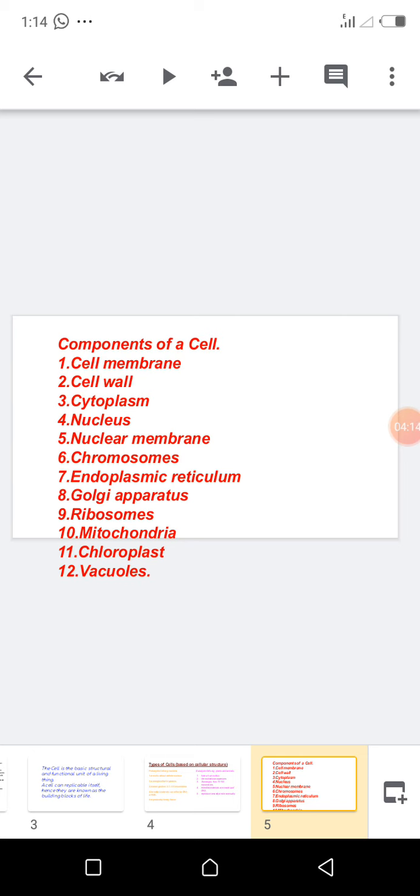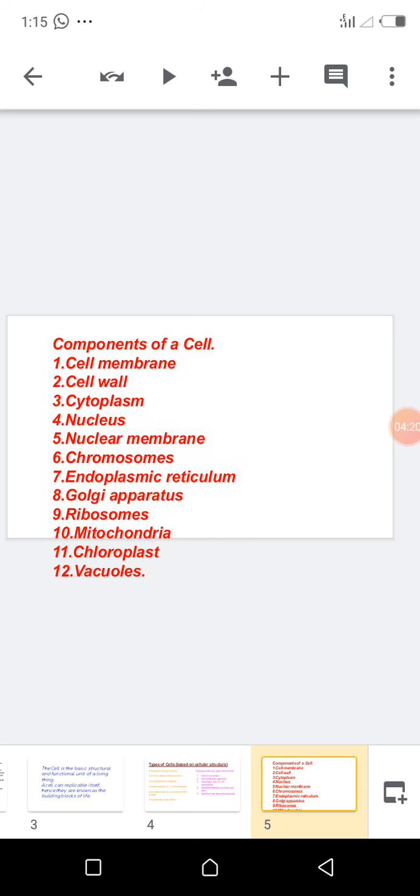So those are the basic parts all cells have. There you have all the components of the cell that are the nucleus, the nuclear membrane, chromosomes, endoplasmic reticulum, Golgi apparatus, ribosomes, mitochondria, chloroplasts, and vacuoles.